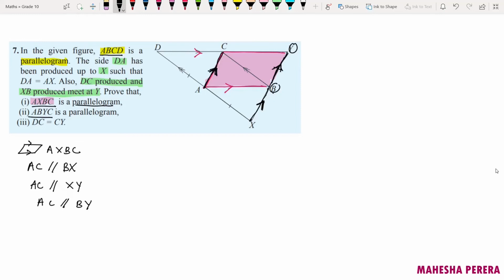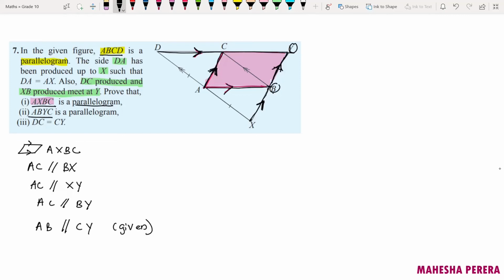We can see that it's given actually, as I told you earlier, this line is parallel to this line. So that means AB is parallel to DY, or you can say CY. So CY, and it's given. This is given.